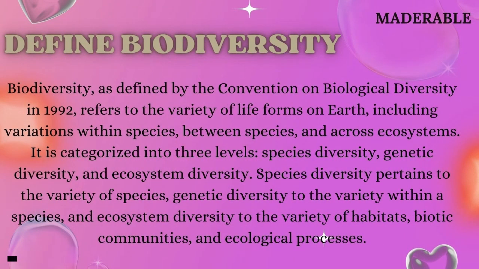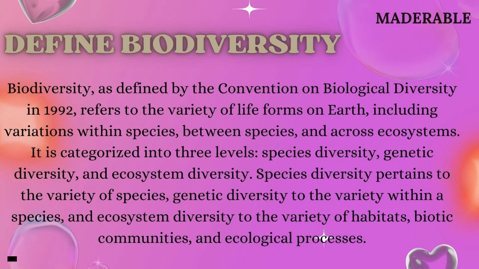Biodiversity, as defined by the Convention on Biological Diversity in 1992, encompasses the variety of life forms on Earth at three levels: species diversity, genetic diversity, and ecosystem diversity. Species diversity refers to the variety of species in an ecosystem.